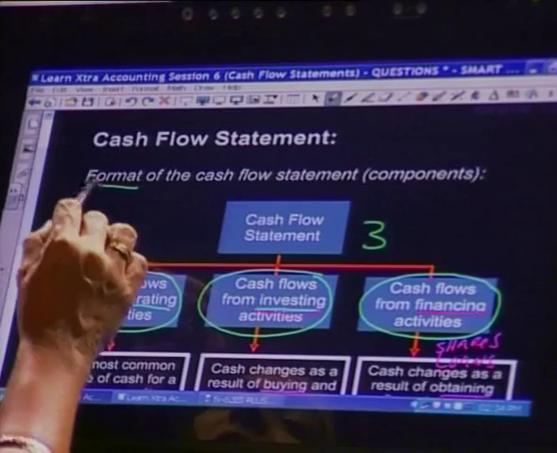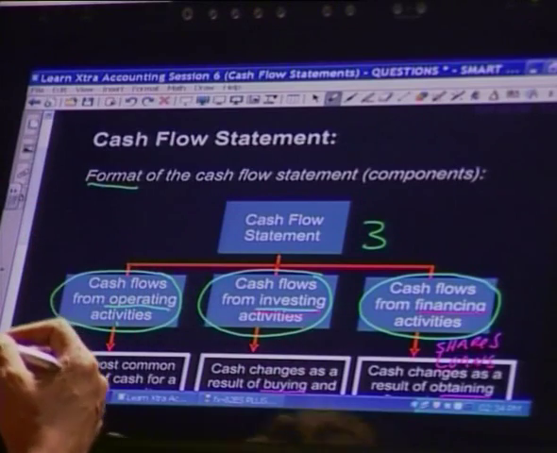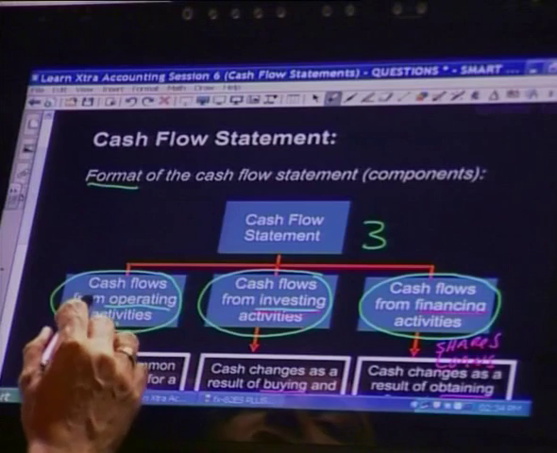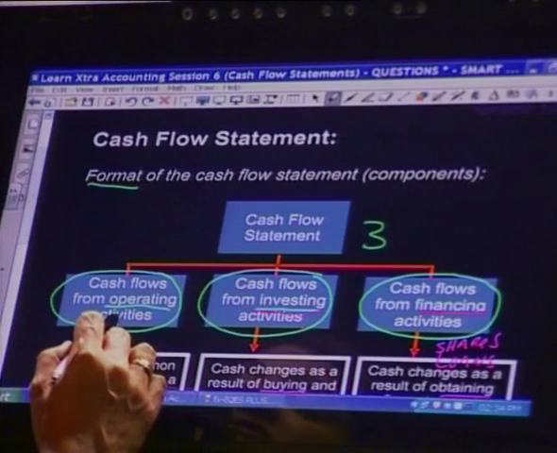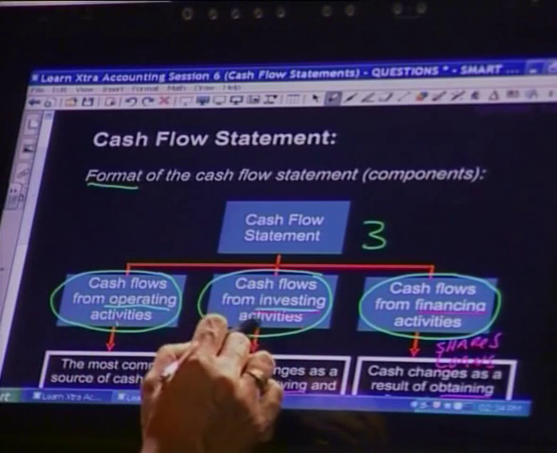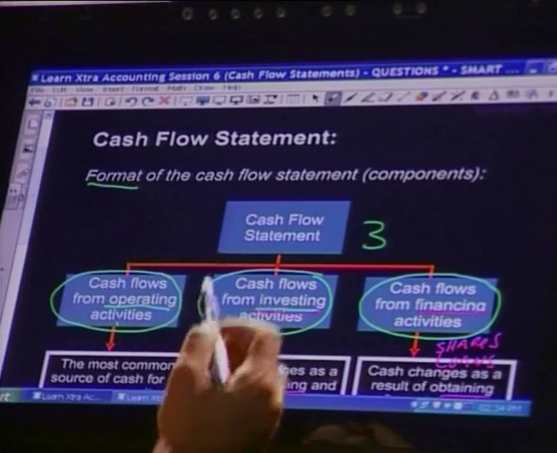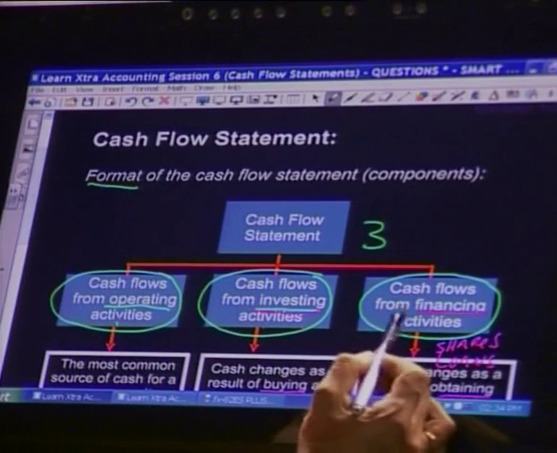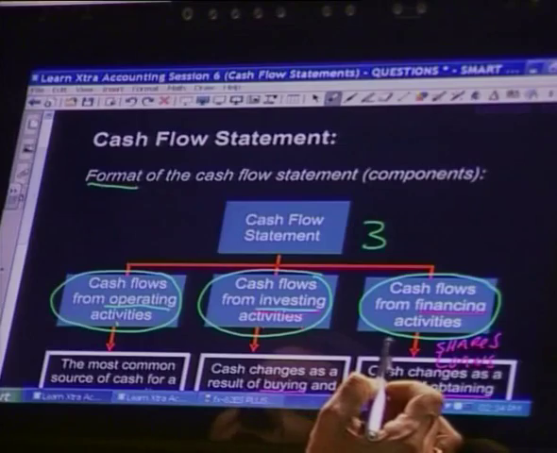To sum up, what we've just looked at is the format of your cash flow statement, which is made up of three subheadings or three main components: cash flows from operating activities, cash flows from investing activities, and then finally cash flows from financing activities.